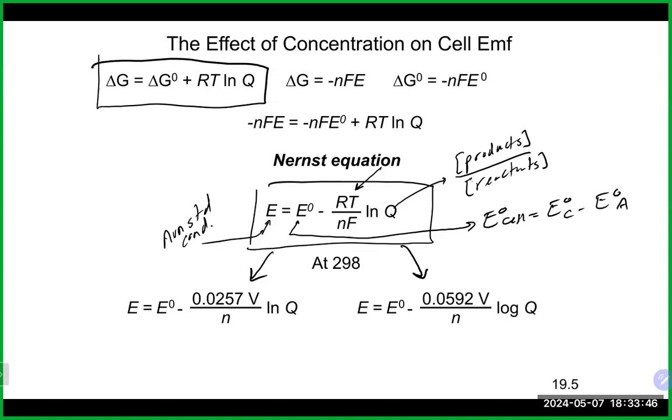By the way, the Nernst equation is sort of where we get the equation that we use for the equilibrium constant.